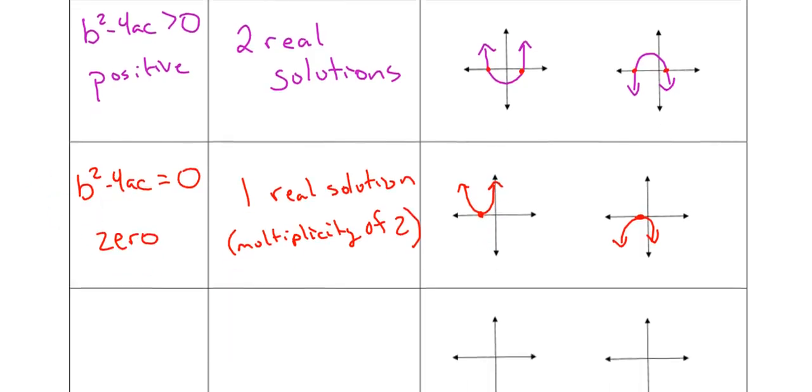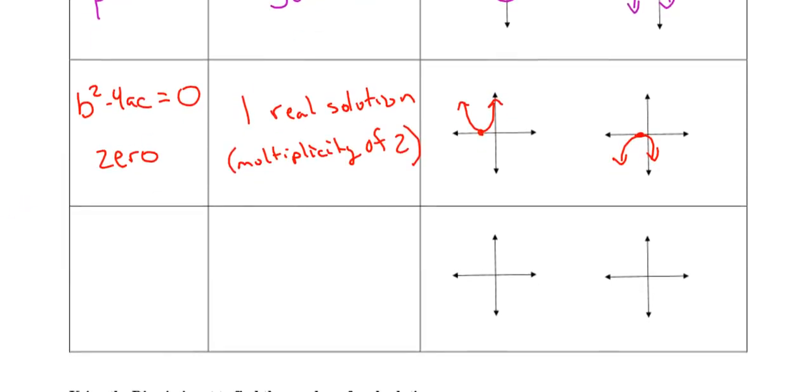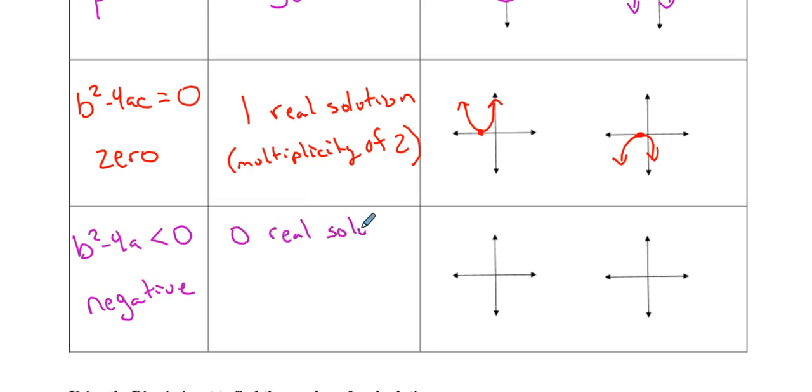And of course now our third possibility here is that our b squared minus 4ac is less than 0. In that case, we would say this is a negative discriminant, and a negative discriminant will have 0 real solutions. However, it will have two imaginary solutions.